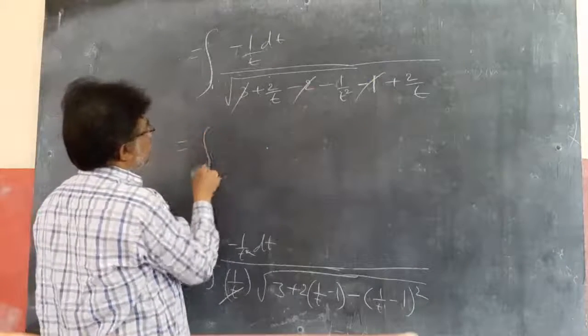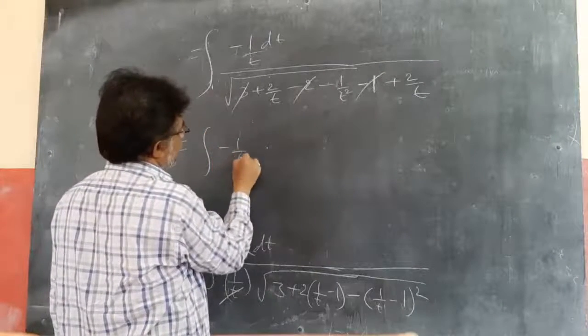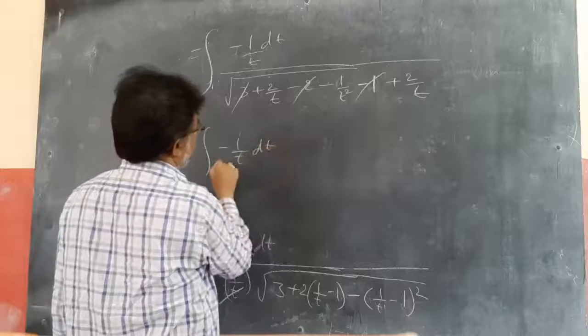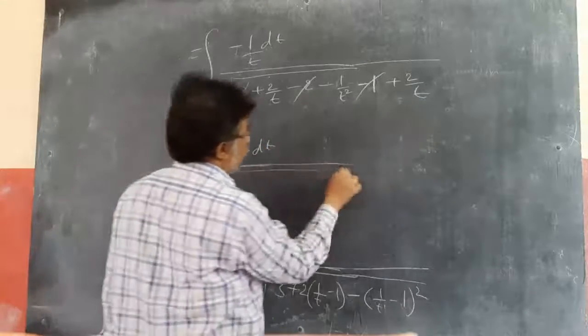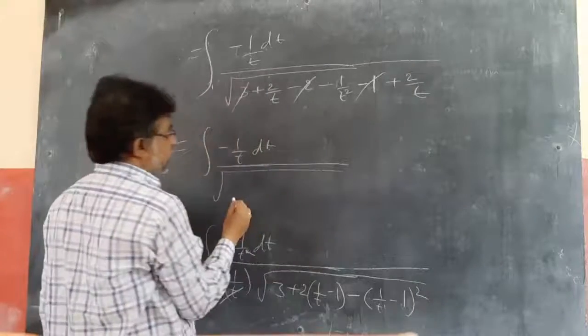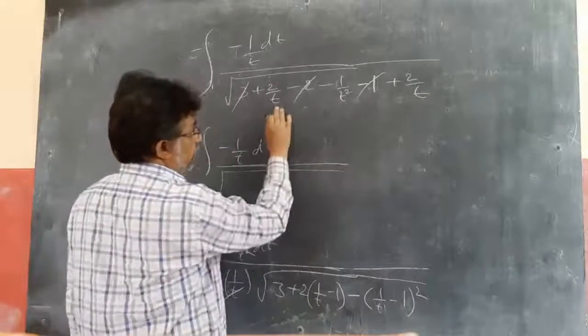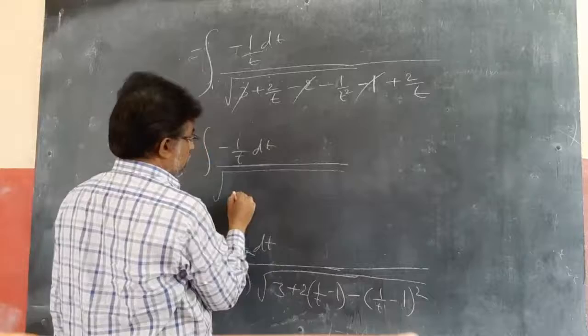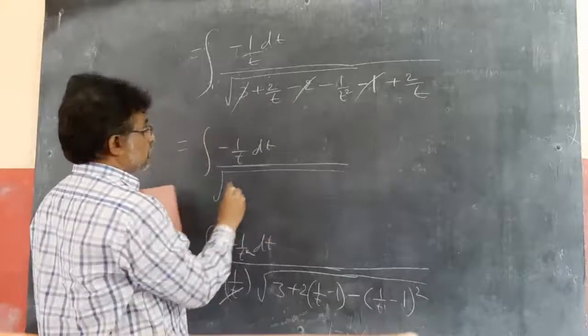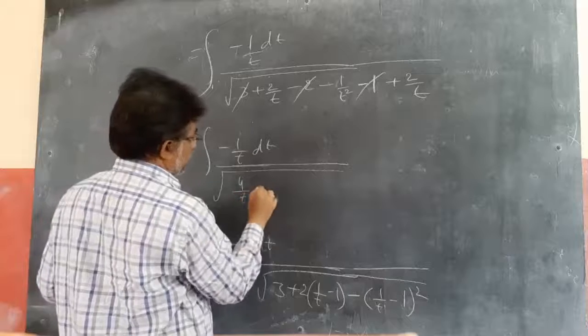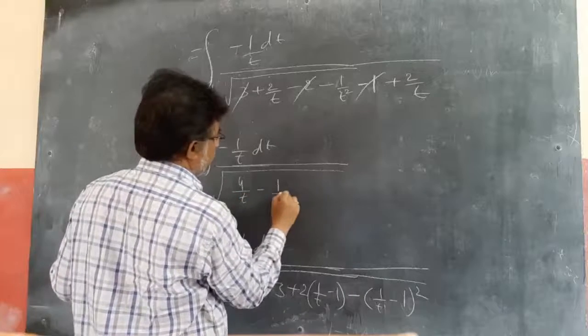Now integral of minus 1 by t dt by square root of 2 by t plus 2 by t, 4 by t, minus 1 by t square. The LCM is t square, so it becomes (4t minus 1) by t square.